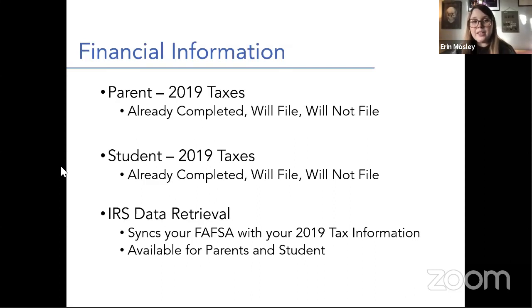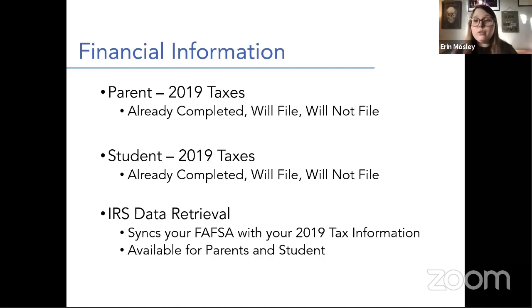Okay. So here is what you need for financial information. For parents, y'all are going to need your 2019 taxes. So that's usually a 1040 or some variation of it. And these are from 2019, not this year, but from last year.